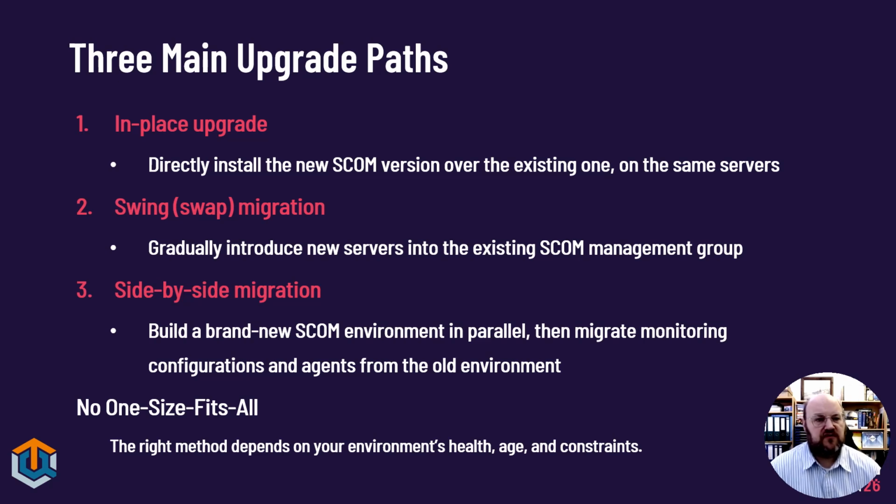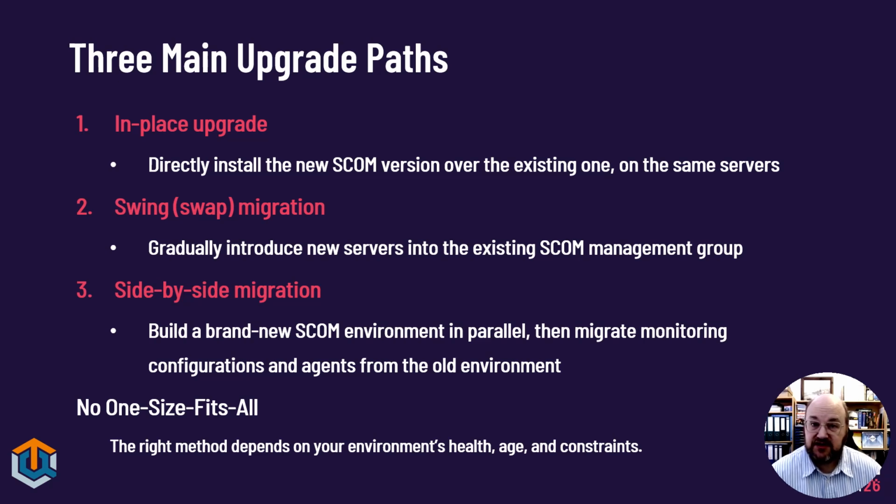All right, so what are the main upgrade paths? Say you have SCOM 2019 and you want to move up to a next version of SCOM, what are the three ways of doing it? Well, the first approach is an in-place upgrade.